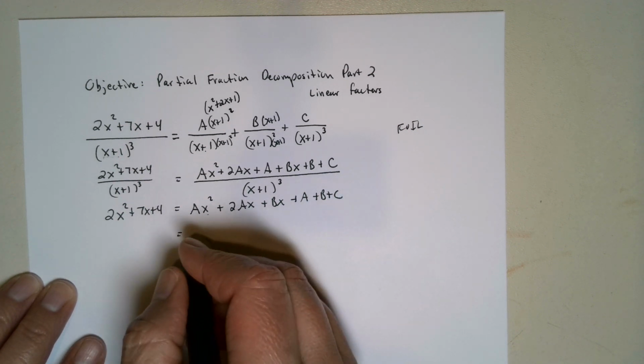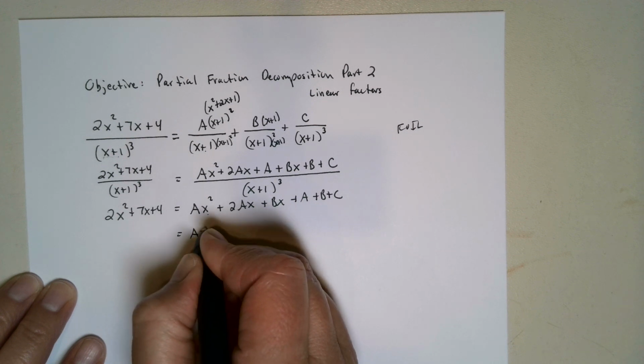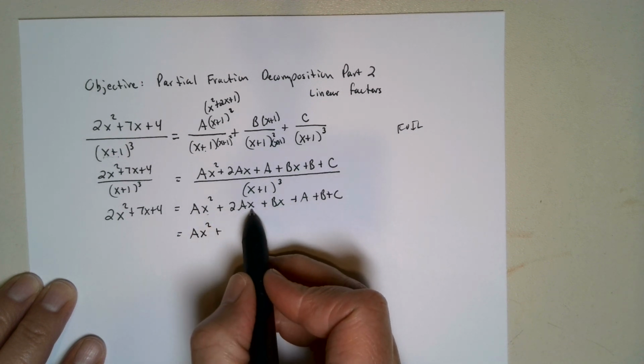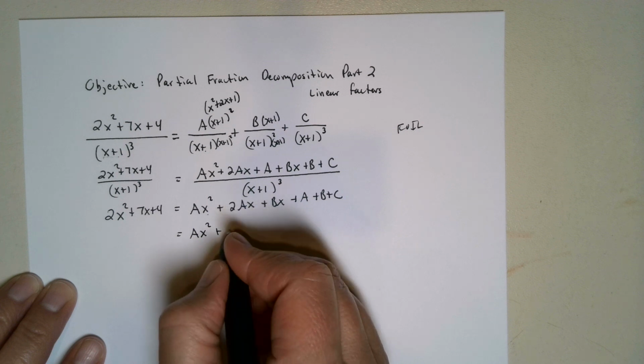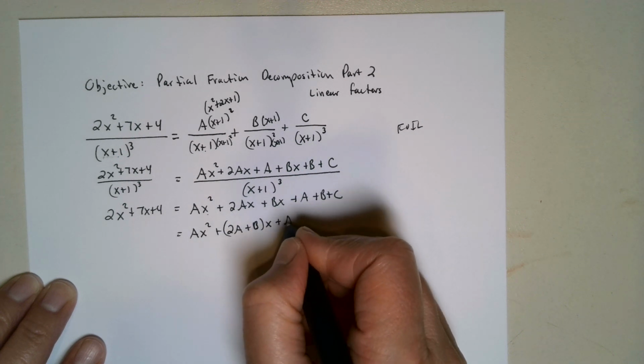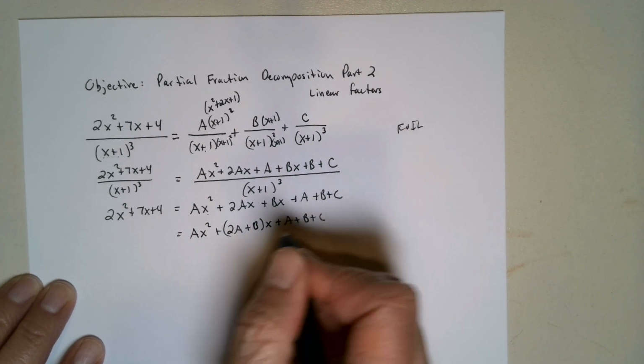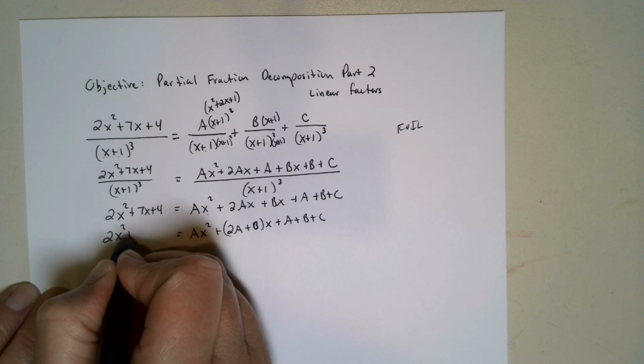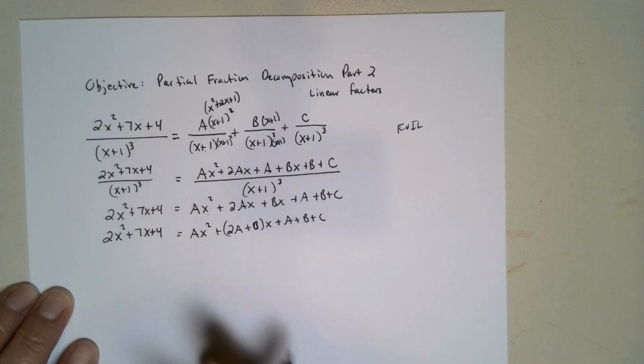And so now I'm going to clean up just a little bit more. Both 2ax and bx have an x, so I'm going to factor that out, just so I can see how things are going to line up.